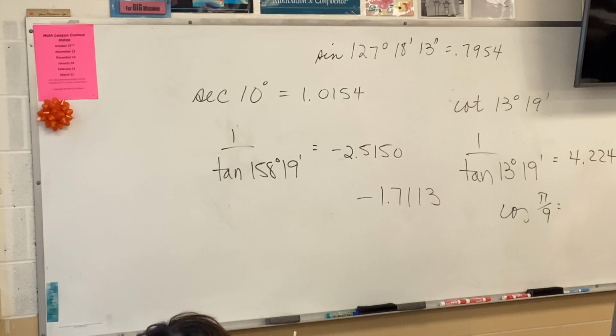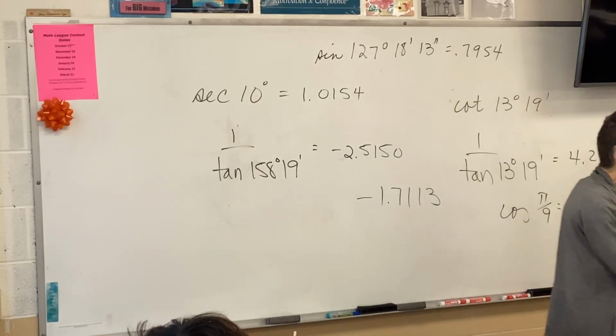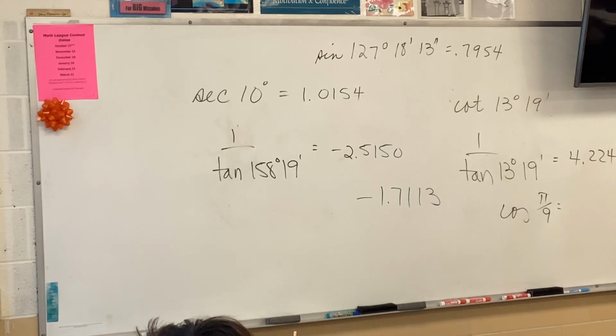So we're gonna find the cosine of pi over 9. Go to mode. You got degrees highlighted, and we wanna click over and highlight radian. Now press cosine, and then your pi button, which is right underneath your clear button. So second pi divided by 9.